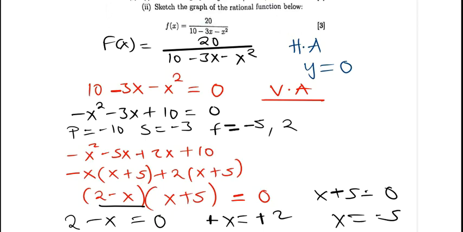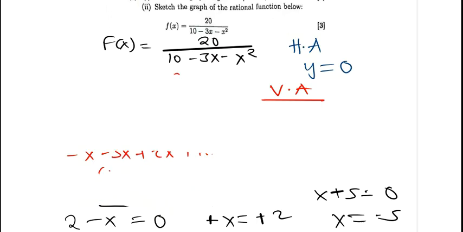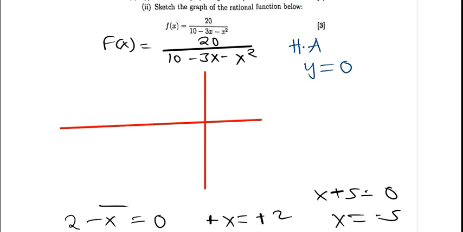So these two are the vertical asymptotes. So you can actually sketch by just these two. So let's try to sketch this.